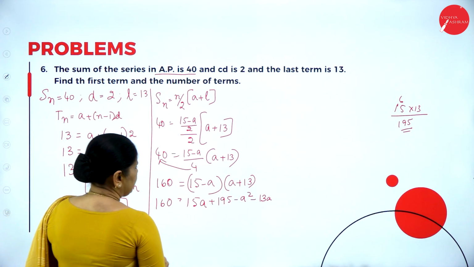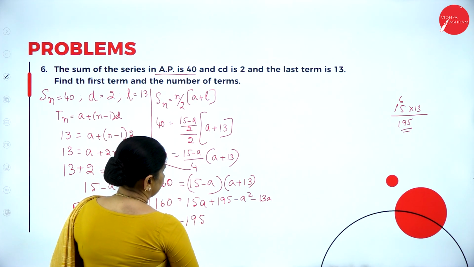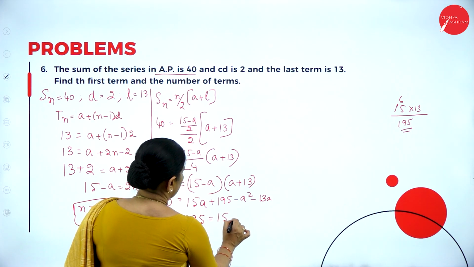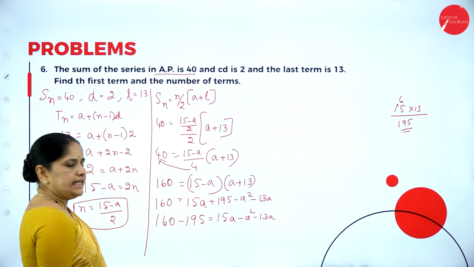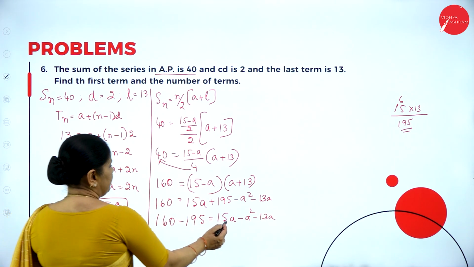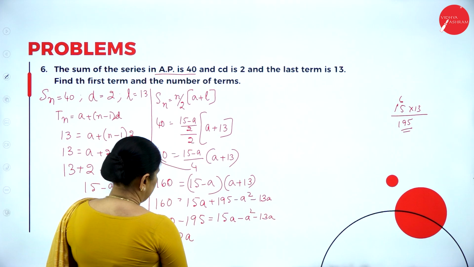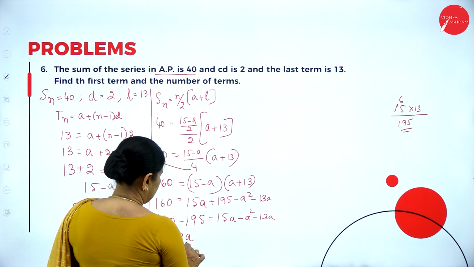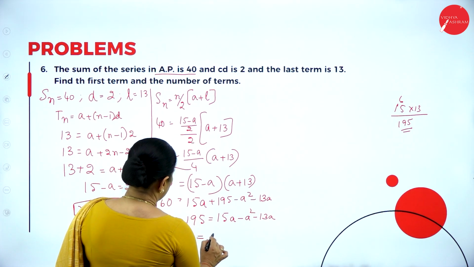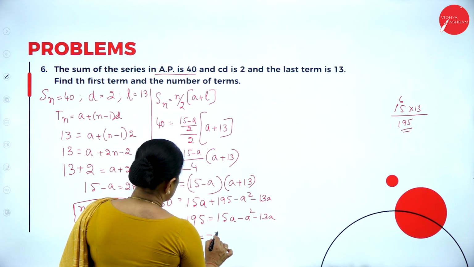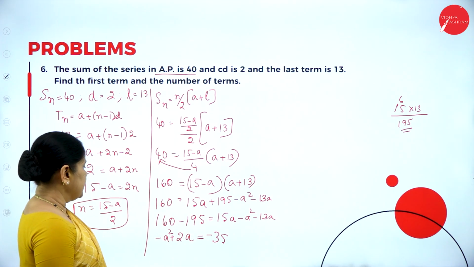Now, this will be equal to 160 minus 195 equals 15A minus A square minus 13A. Now, 15A minus 13A will be 2A. So, minus A square plus 2A equals minus 35. So, 160 minus 195 is minus 35.